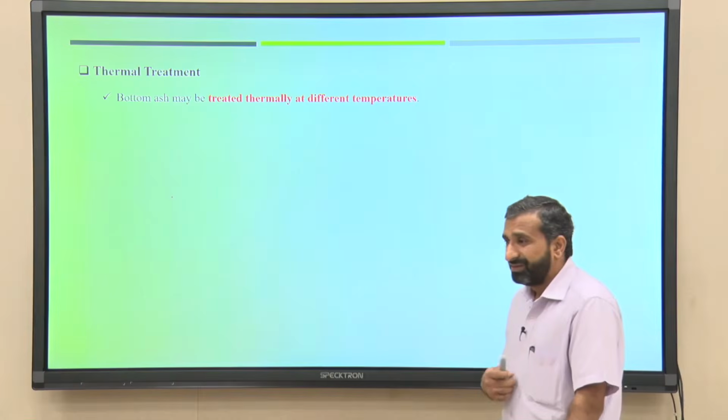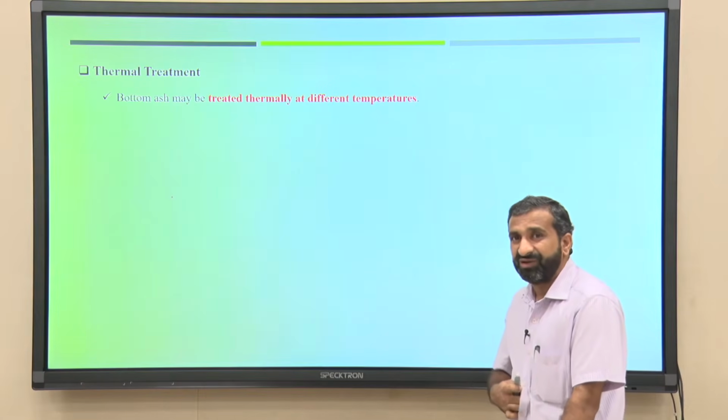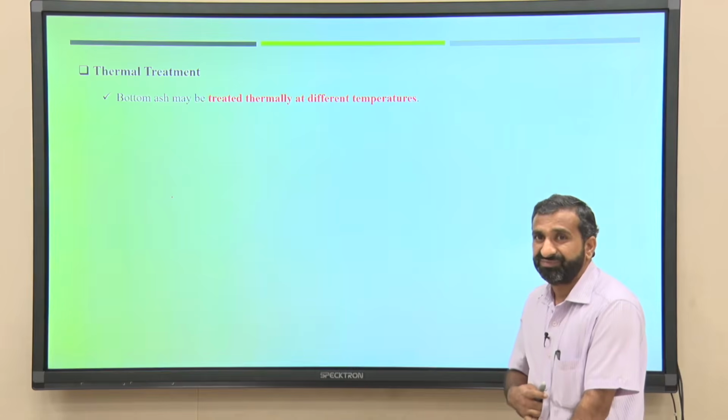Next treatment is thermal treatment. So, bottom ash may be treated thermally at different temperatures, because if you see, the calorific value of these ashes is also very high.